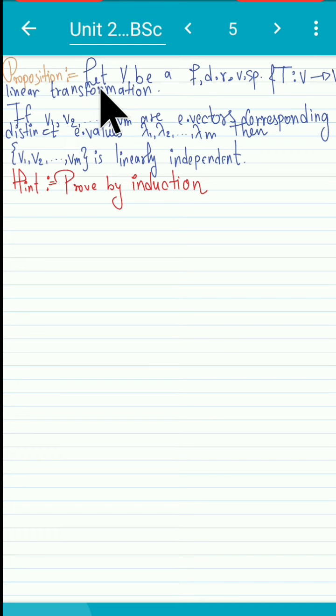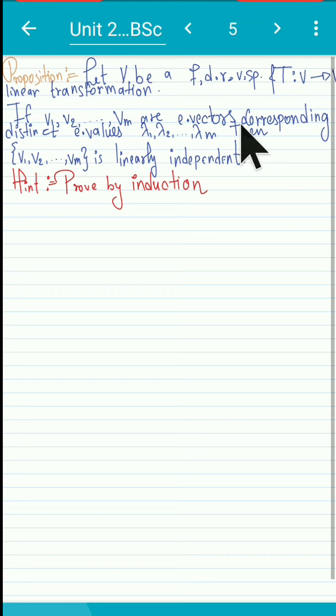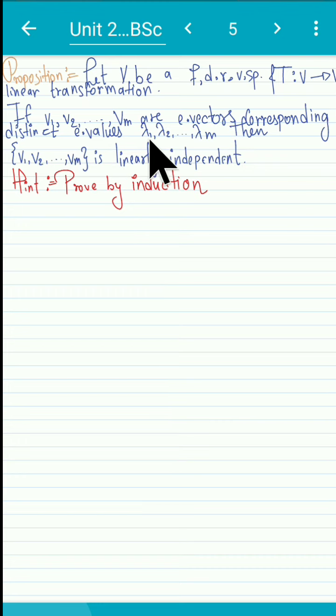The proposition states that V is a finite dimensional vector space and T from V to V is a linear transformation. If v1, v2 till vm are eigenvectors corresponding to the distinct eigenvalues lambda 1, lambda 2 till lambda m, then those eigenvectors must be linearly independent. I've given you a hint to prove this result by induction.